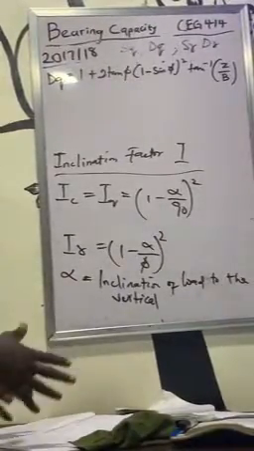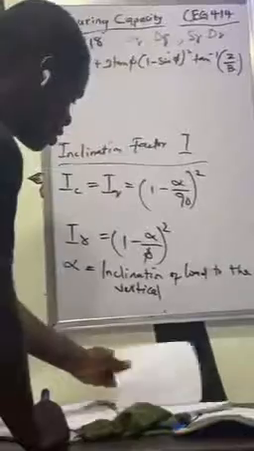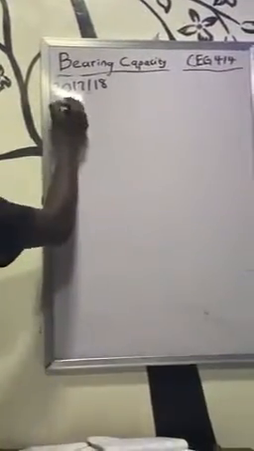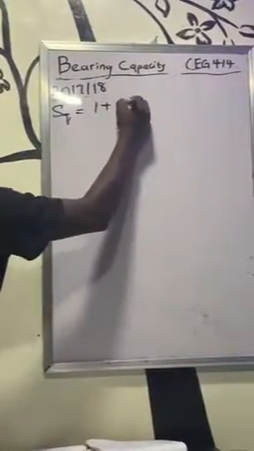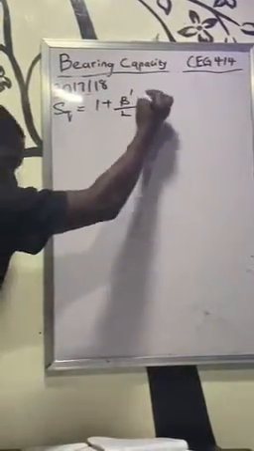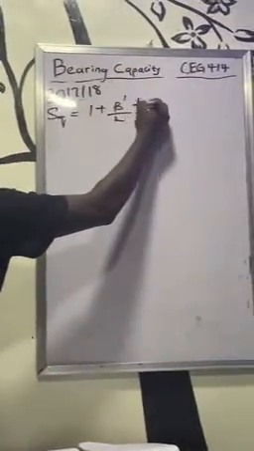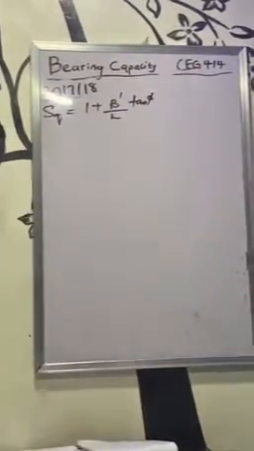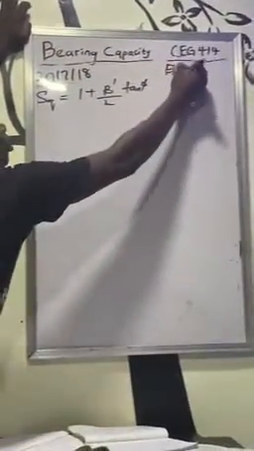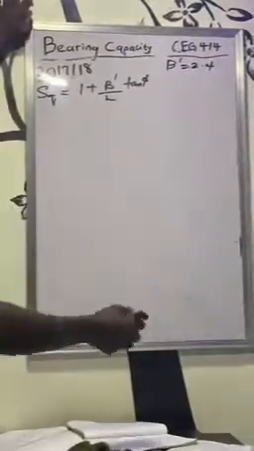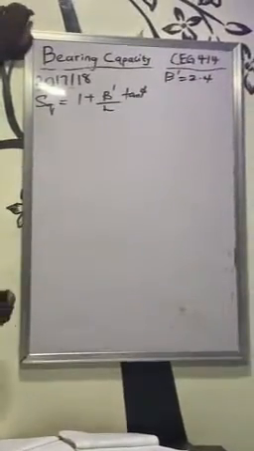So back to solving, back to being normal. The formulas I've given you: S Q equals 1 plus B prime over L tan phi. I gave you that B prime equals 2.4 from the other time.